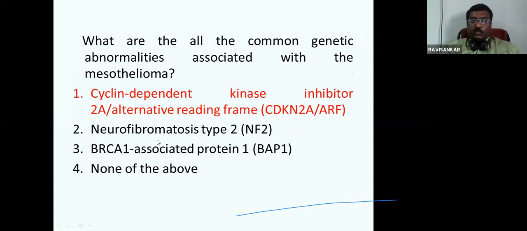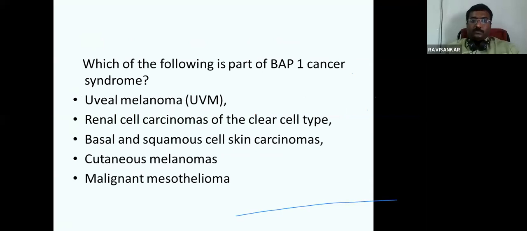Sorry, there's a small clerical mistake. It's a BRCA1 associated protein. So that I was telling about there are 4 risk factors. One is the asbestos, which I already discussed, radiation, then simian virus 40, then there is a hereditary component. Which of the following is part of BAP1 syndrome?